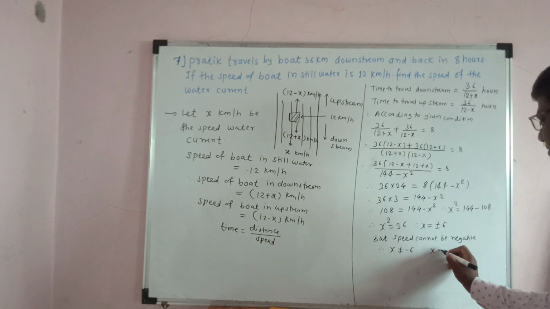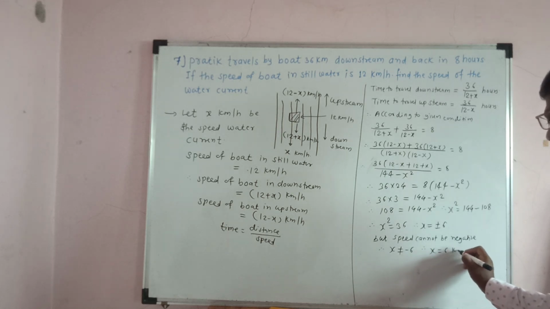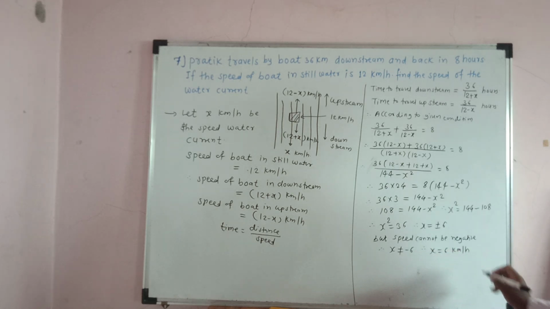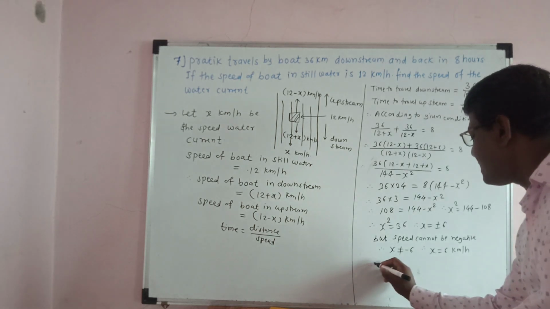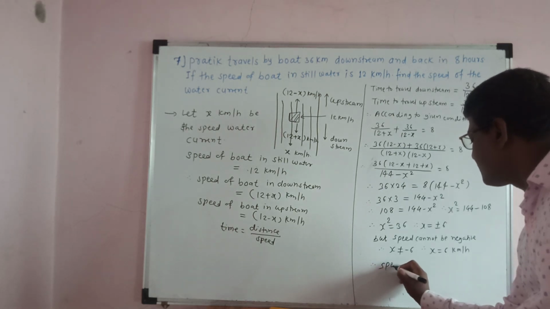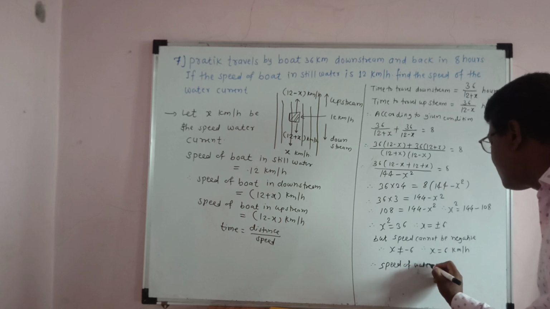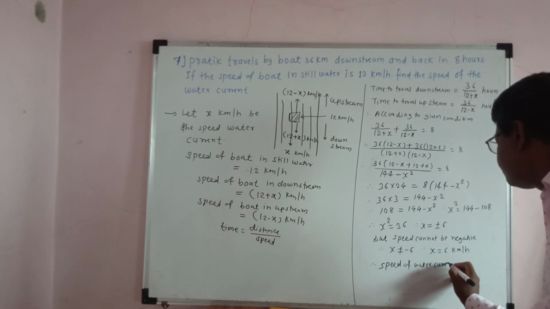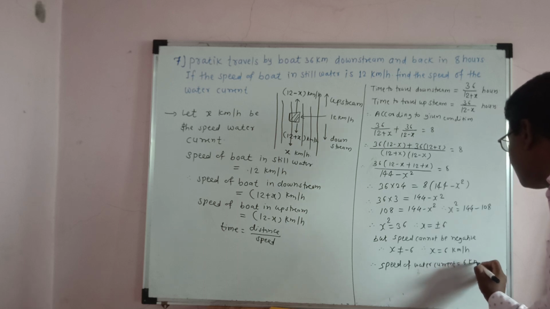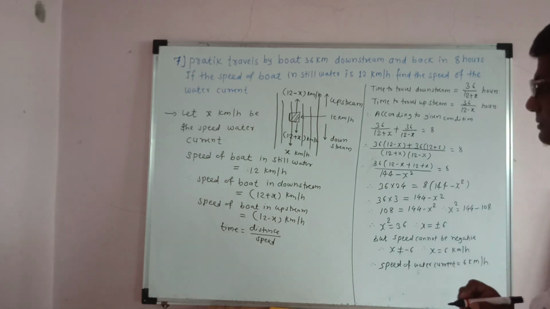Therefore, x is equal to 6 kilometer per hour. Therefore, speed of water current is equal to 6 kilometer per hour. Therefore, we write speed of water current is equal to 6 kilometer per hour.